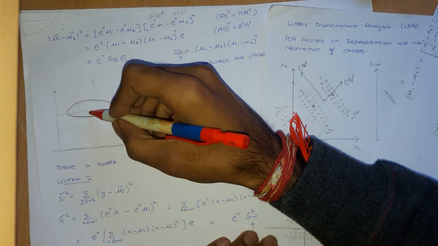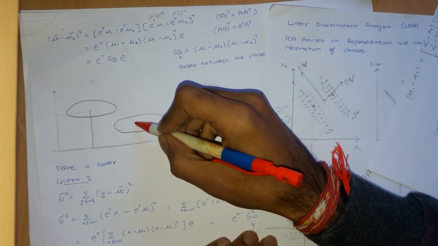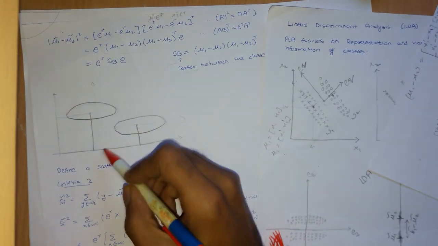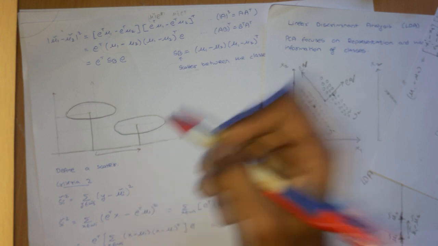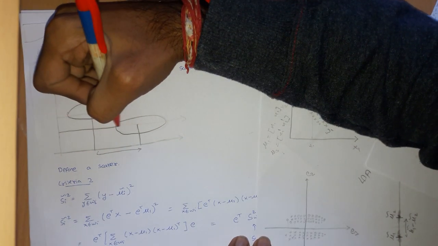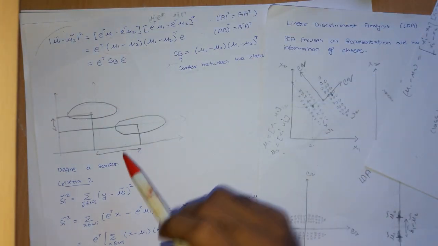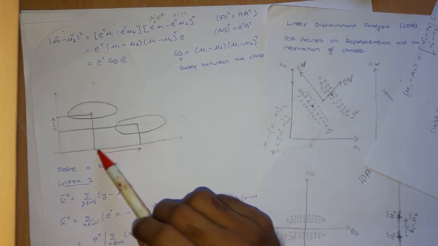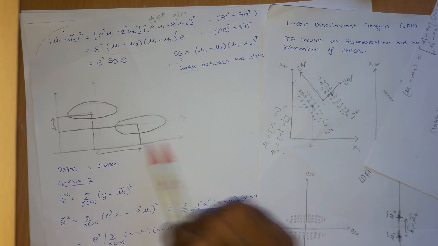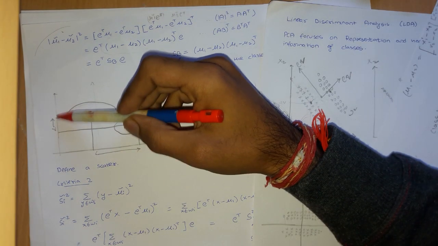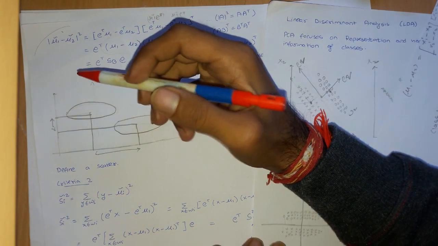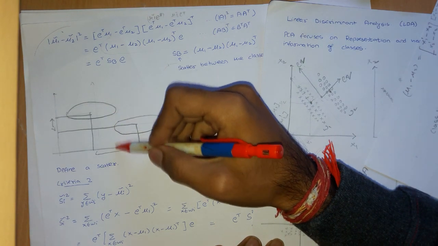Here you can see the distance between these two means is greater in this direction than in this direction. But in this direction you can see that there is an overlap.